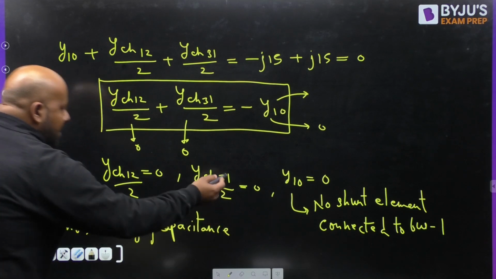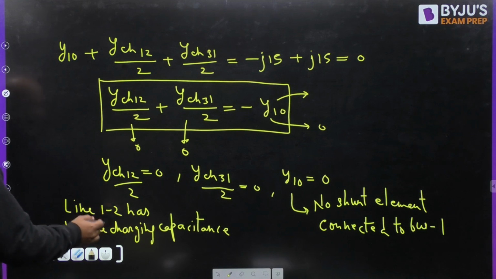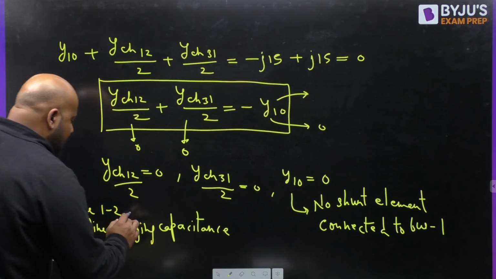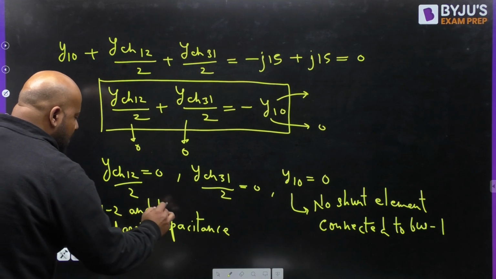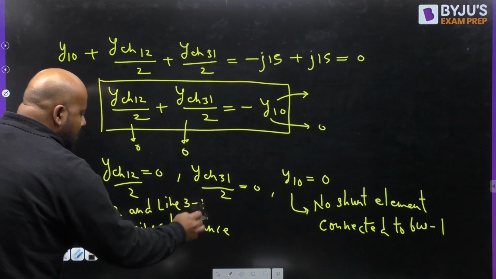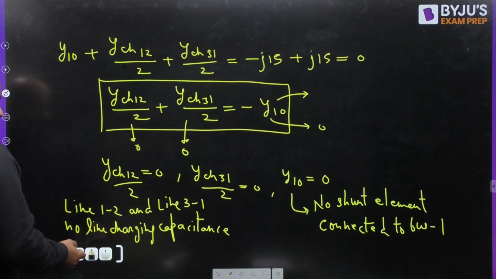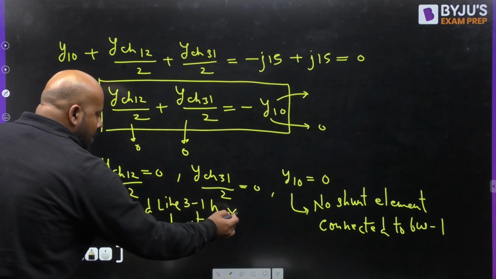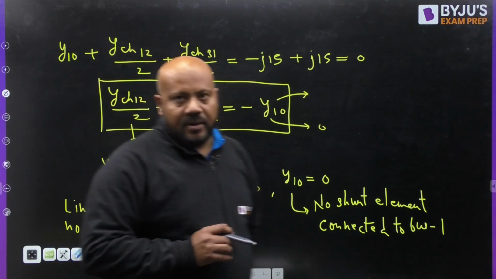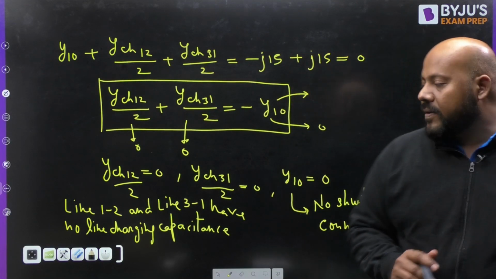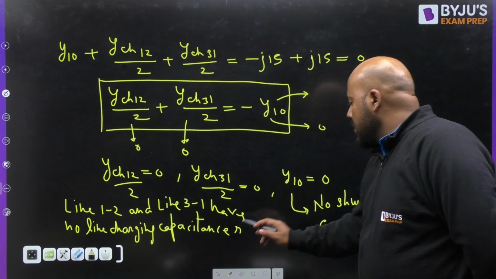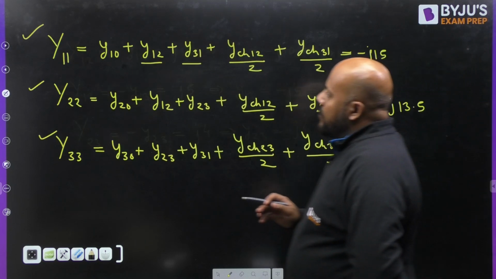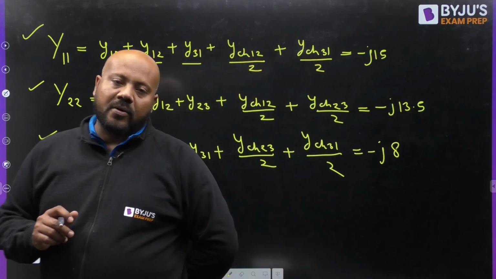And similarly you can write for line 3 to 1 also. So let me just edit here itself. Line 1 to 2 and line 3 to 1 have no line charging capacitances. This is the conclusion we have got out of this equation.